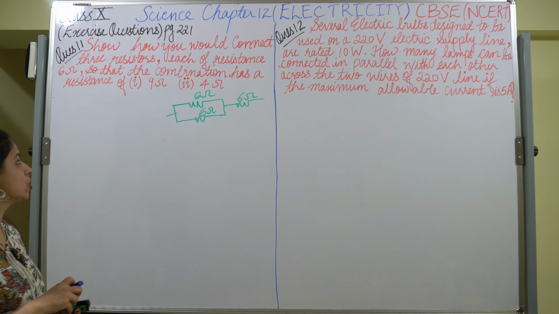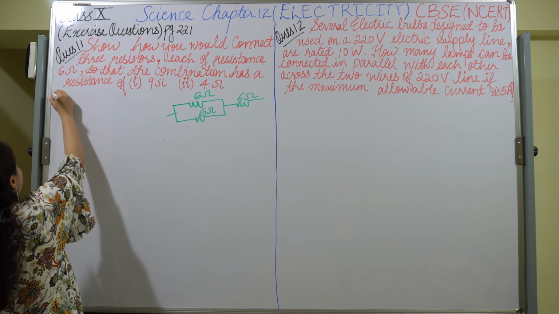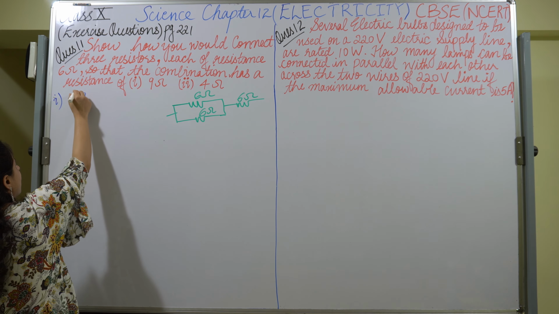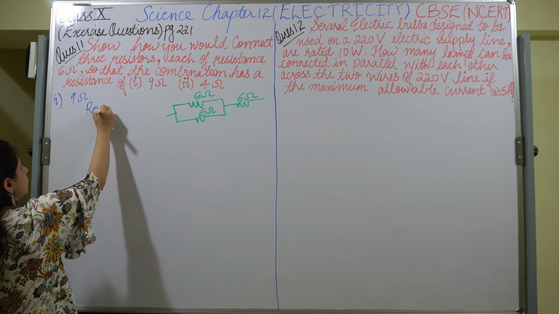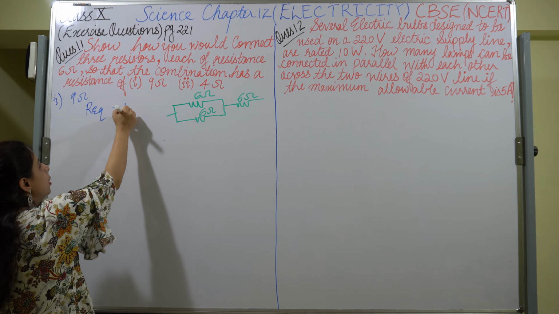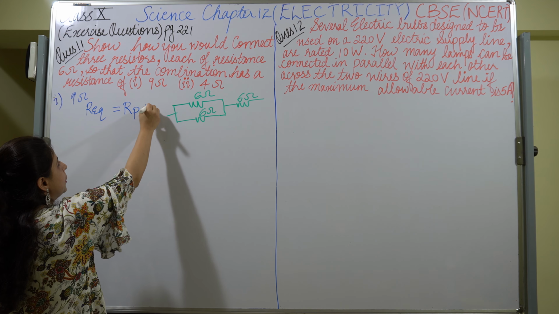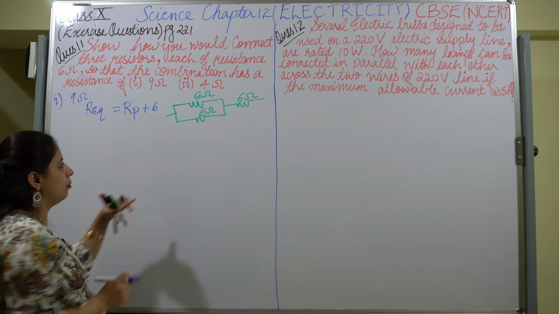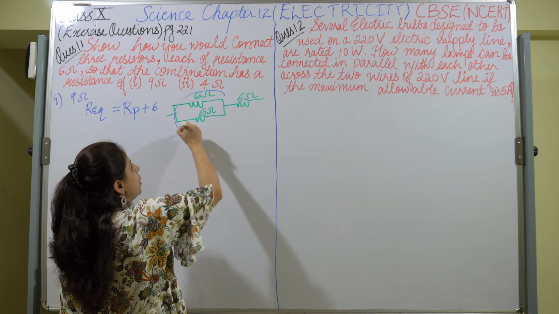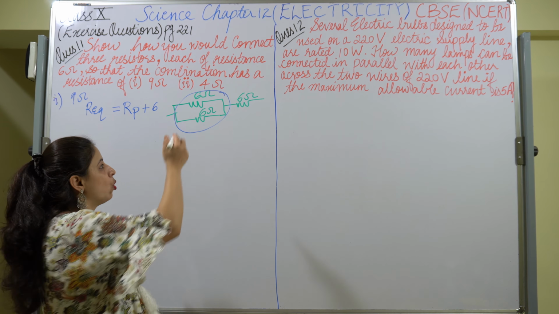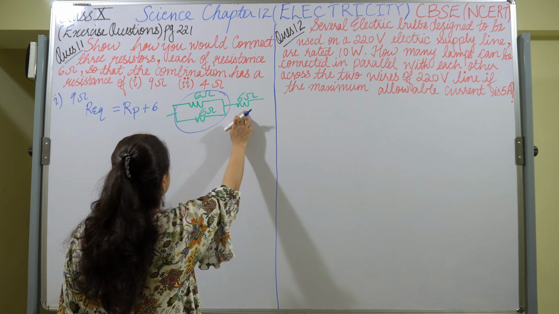So first of all, let us find out R equivalent. R equivalent will be equal to Rp plus 6 ohms, because this whole combination is in parallel and it is connected in series with this 6 ohm.